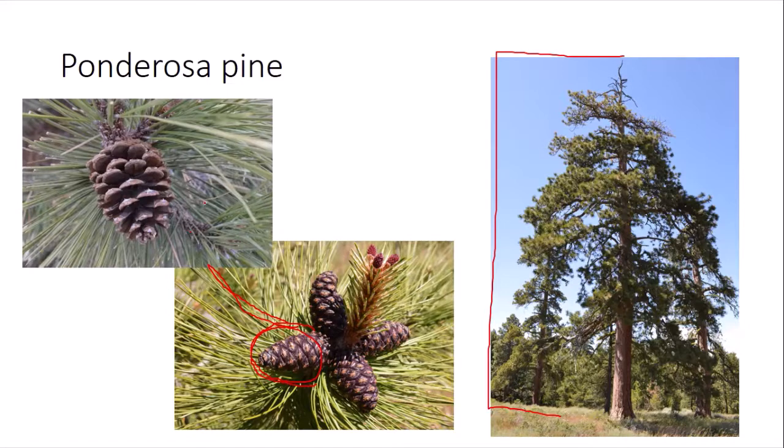And then the other thing to know is that the needles come in groups of three. When you look down at the base and you look at the needles coming out, you'll see that they're in groups of three. So probably some key information to take down there. We never know exactly what the identification guides are going to ask of us, but those are some real common ones that I could point out.